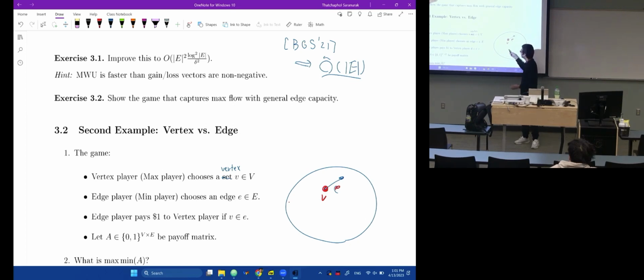So if you need to guess what would be the max-min problem, yeah, guess. Time to guess now. What would be the best strategy for the vertex player?